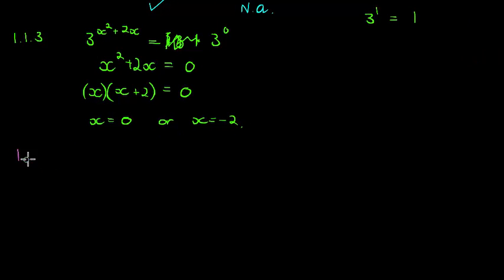Okay, then question 1.1.4 gives us 5 in front of a cube root of x minus 40 is equal to 0. What do you think we're going to do first?